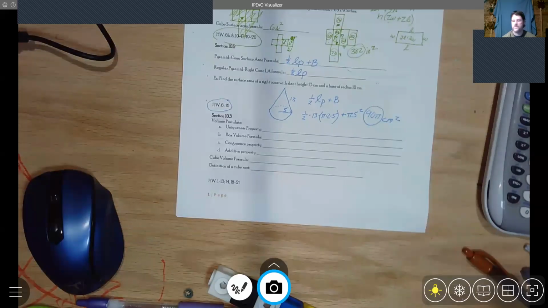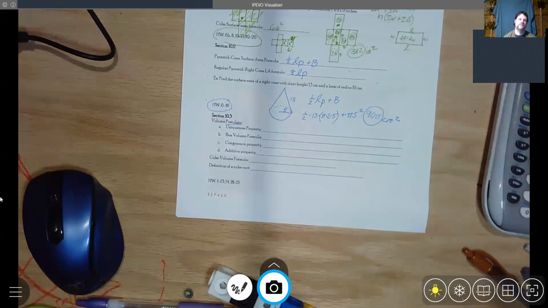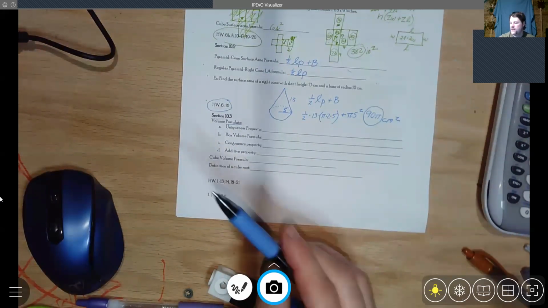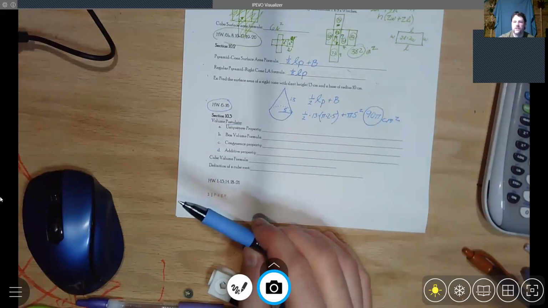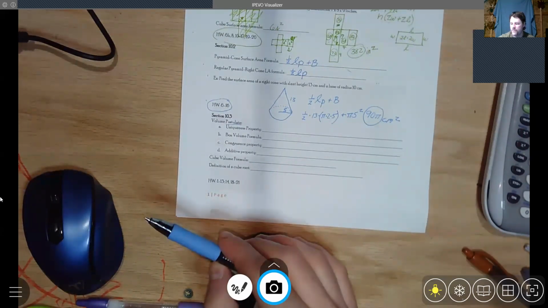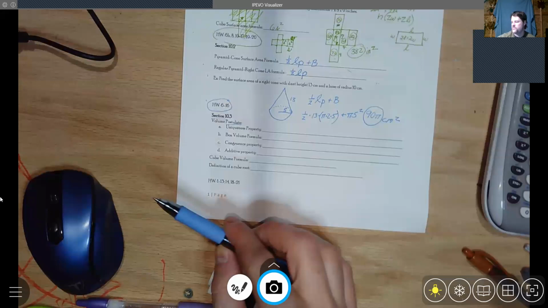Anytime you see the word postulate in geometry, that just means these are the basics. So what are the basics of volume? Well, the first one is uniqueness. That means that every three-dimensional figure has a unique volume, meaning that it can't have two different volumes.